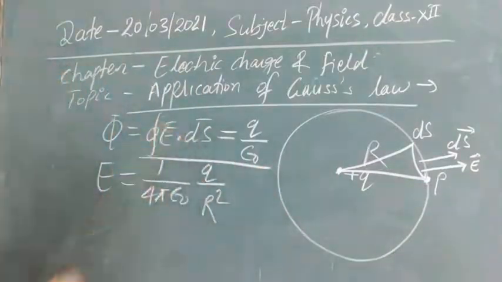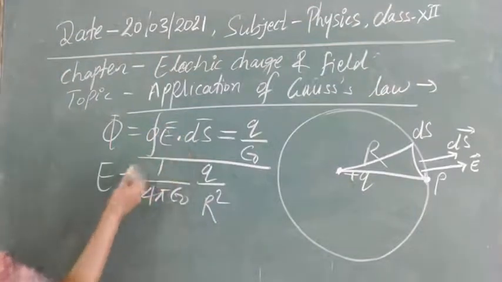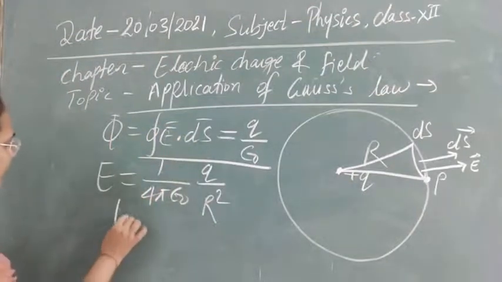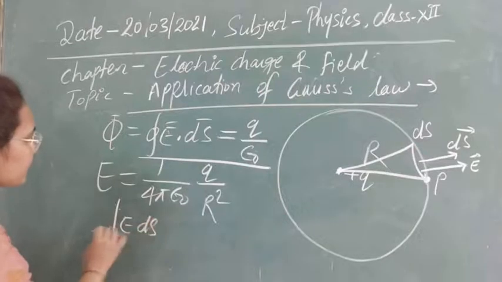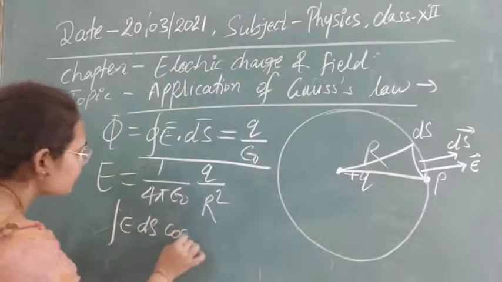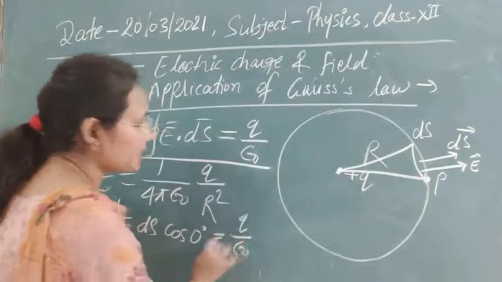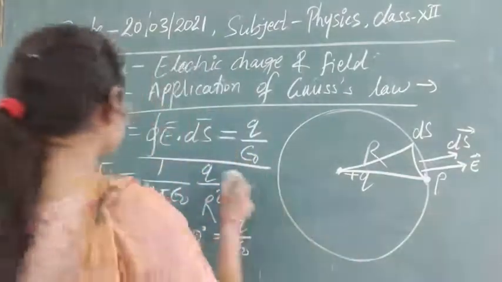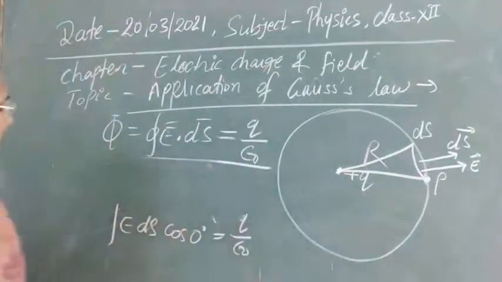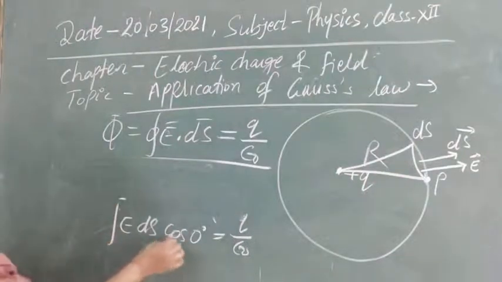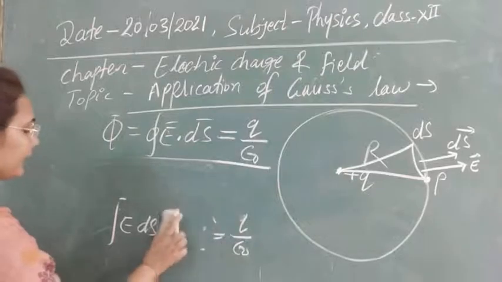By using this you can see here this will be E ds cos 0 is equal to q by epsilon 0. After solution, cos 0 is 1, and finally we get E ds.